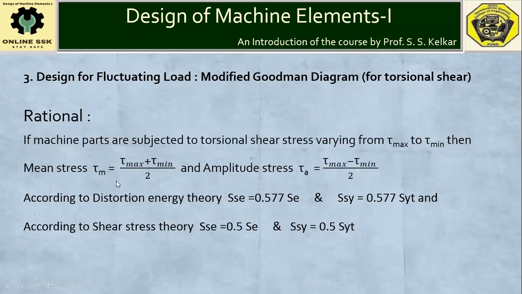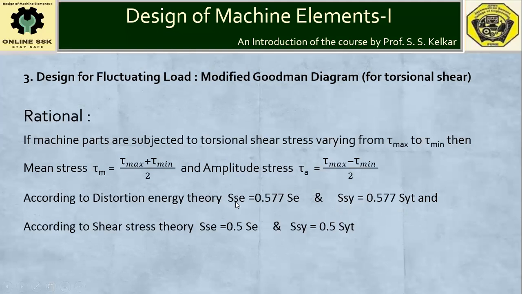In such cases, we have to take into account the endurance shear strength of the material, the endurance shear strength of the machine part, and instead of yield point tensile strength, we have to take into account the shear strength, SSY, of the machine part.